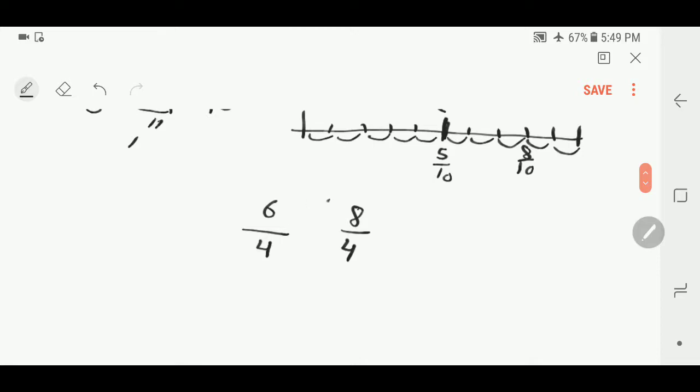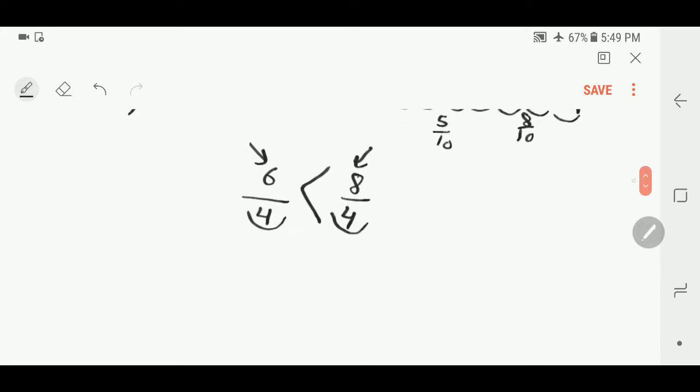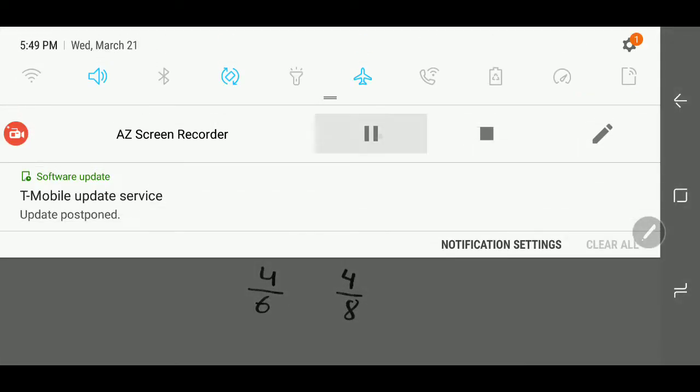It's 8 over 4, because same denominator, and this numerator is greater than this numerator. This is correct. How about I switch it, for example, 4 over 6 versus 4 over 8? Think about it, and I'll be back.